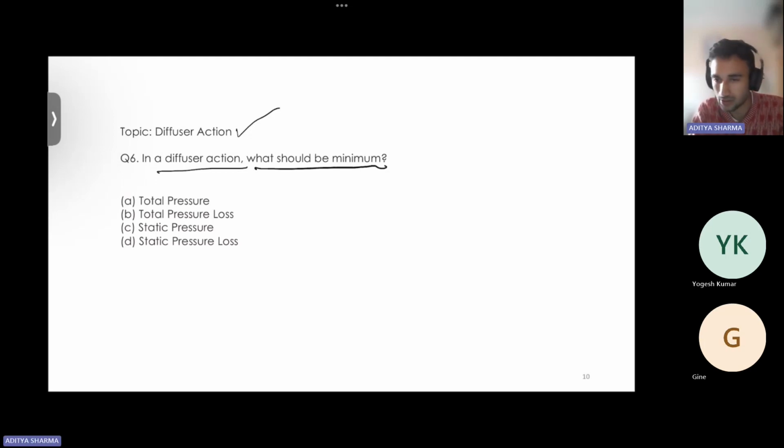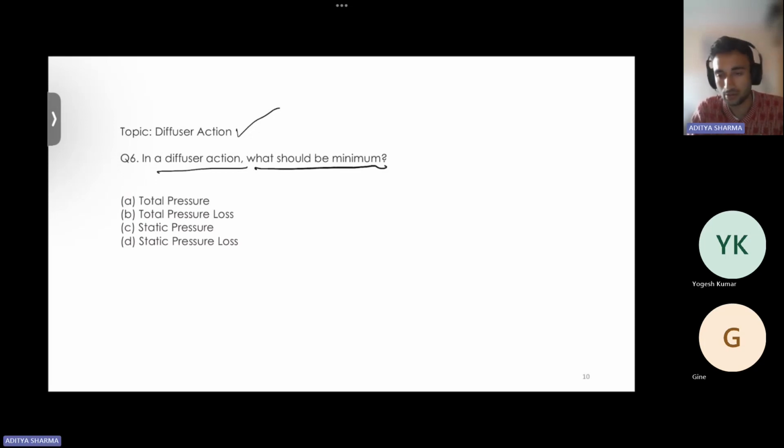There's one line in one of the slides that you have to take care of the total pressure, that you cannot lose the total pressure too much. If I correctly remember, we were given that the total pressure loss cannot be more than 4% or 0.4%. It was something like that. So this question is in that context.